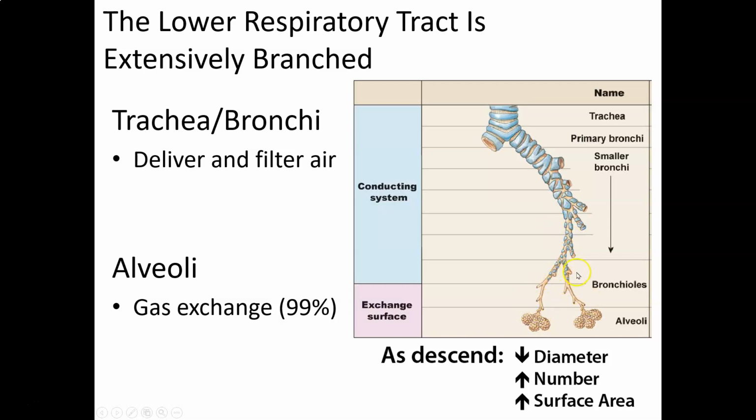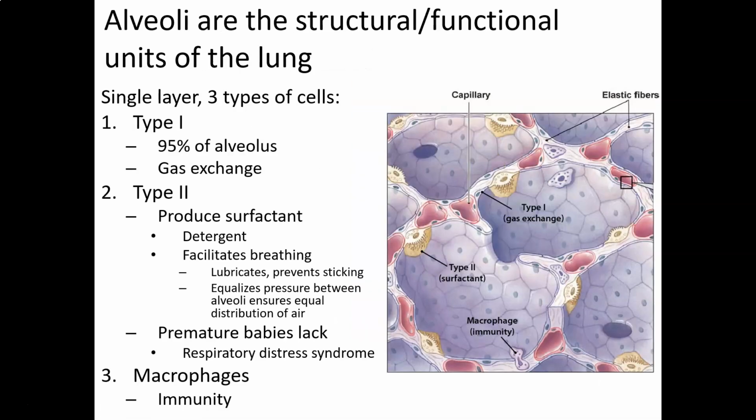The number of branches gets bigger and bigger, and we increase the surface area. And your lungs are probably equivalent to about a basketball court in terms of surface area, all bundled up into your thoracic cavity.